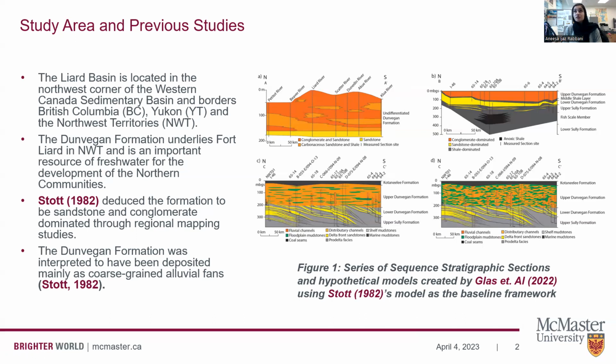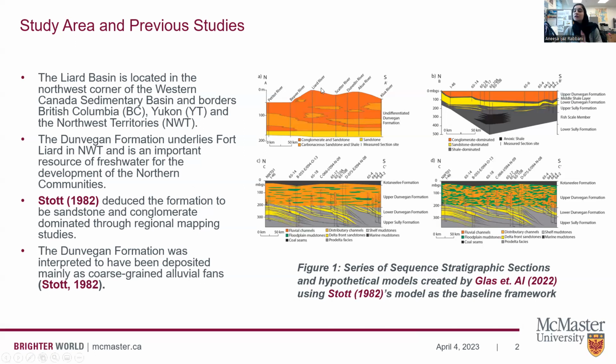In 2020, Nathan Glass from the University of Guelph was able to refine Stott's initial model. He collected core logs and was able to do an extensive study. This final model is basically a refined version of what Stott initially thought the Dunvegan Formation to look like.